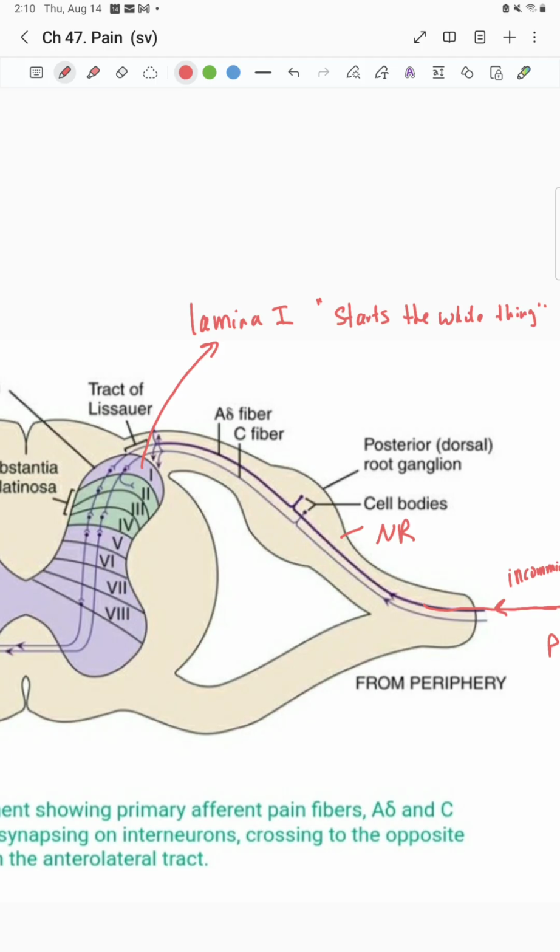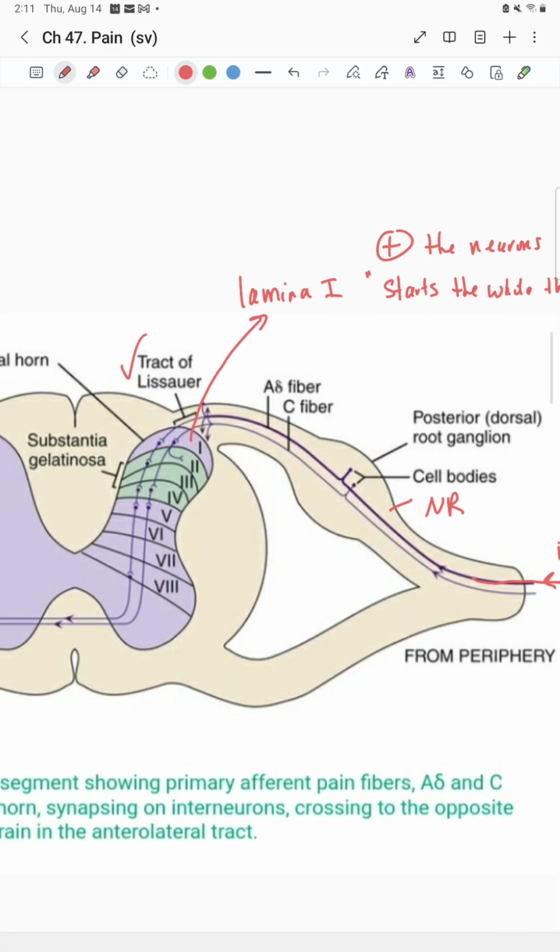As soon as you push the first domino, you get this domino effect. This is what activates the neurons, and it is the tract of Lissauer that brings this information into lamina 1.